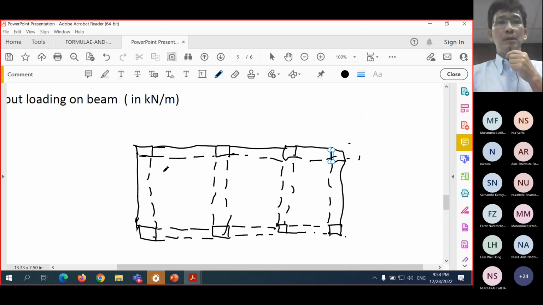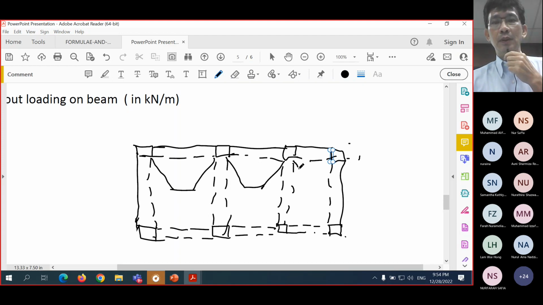this beam here, if you have to design, the loading comes from, of course, this slab here, and also from this slab, and it also comes from, maybe this slab is like this, okay? So those are the loading that will go to the beam.